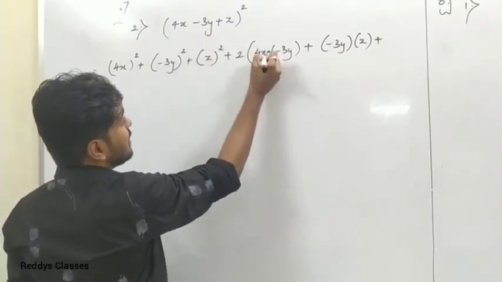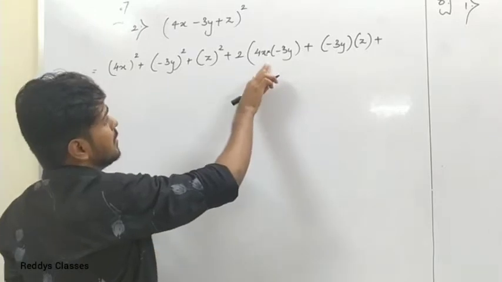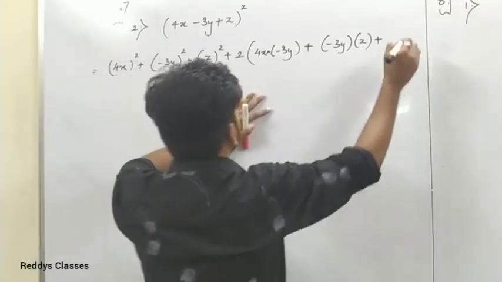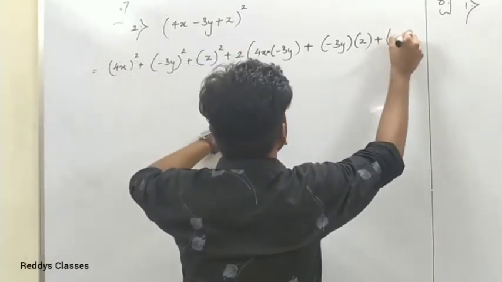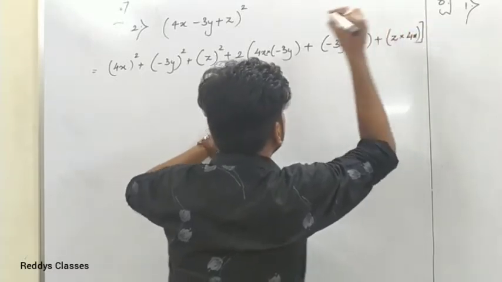See, this is the multiplicative sign here. If I am using this bracket, then there is no use to put this multiplication sign. Then ca, what I have, ca as z into 4x, and here we close the bracket.